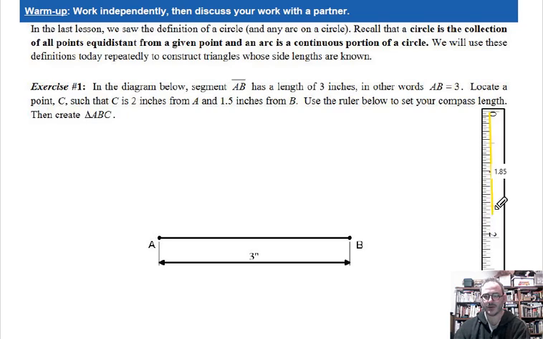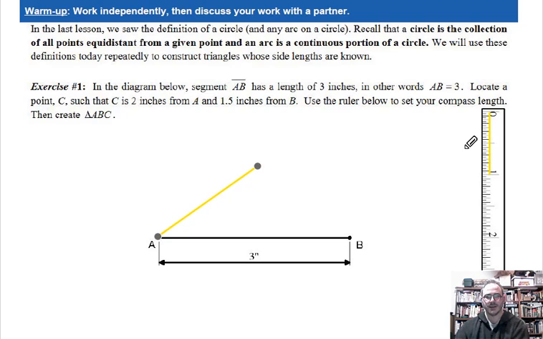Well, 1 inch is 1.1 on my ruler. So 3 inches is going to be 3.33. So I want a C that's 2 inches away from point A, which means something that's 2.2.